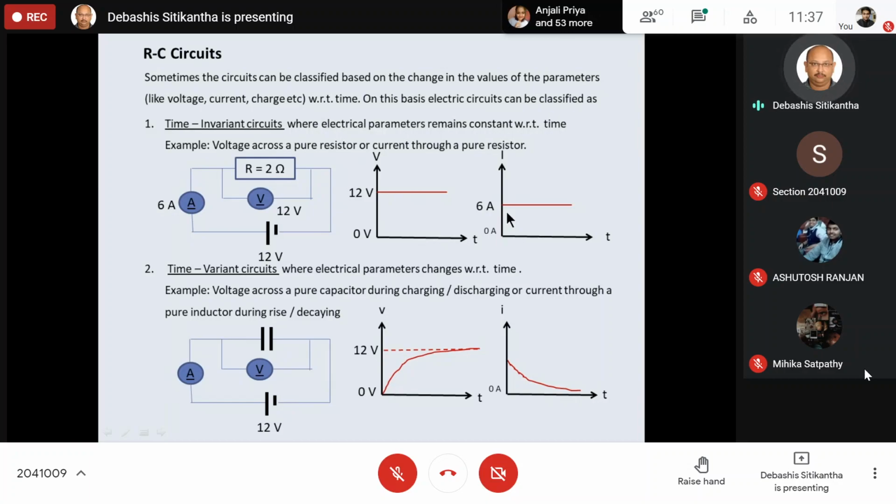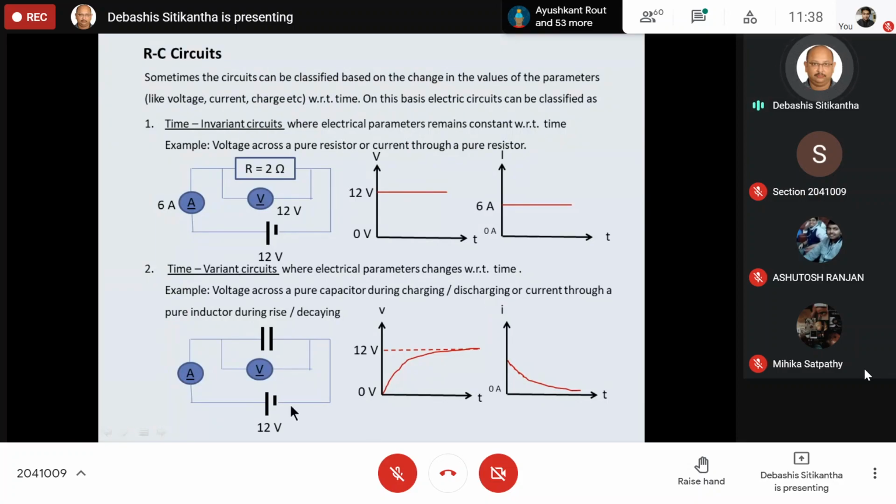But there are also certain circuits in which the voltage, current, charge, all these parameters change. These types of circuits are known as time variant circuits. For example, the voltage across a pure capacitor during the charging and discharging process.